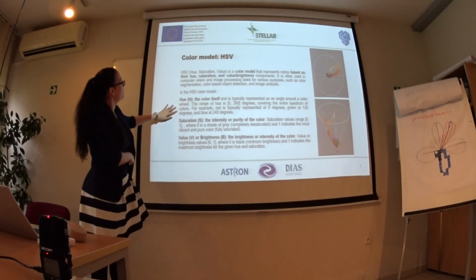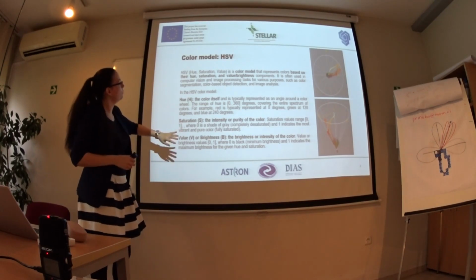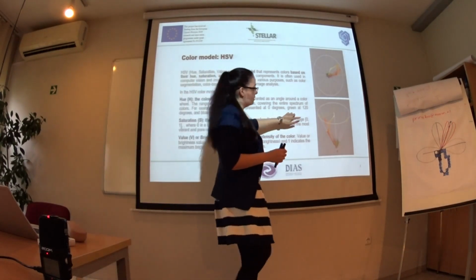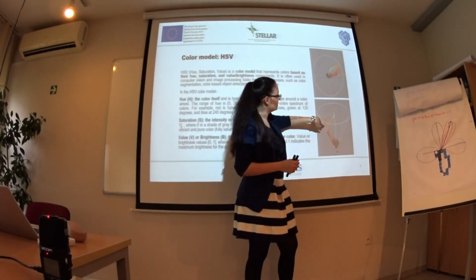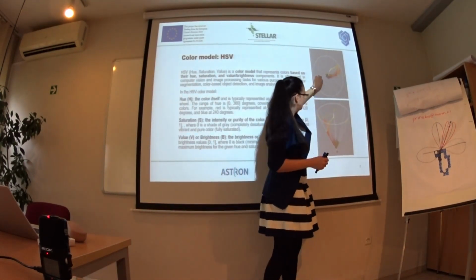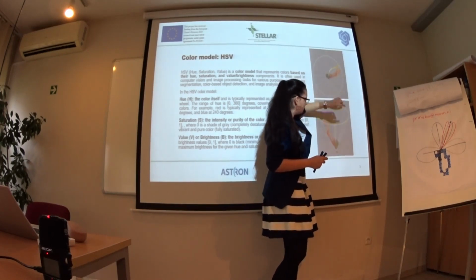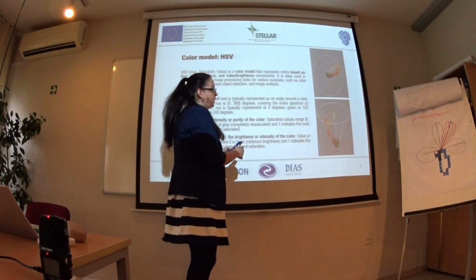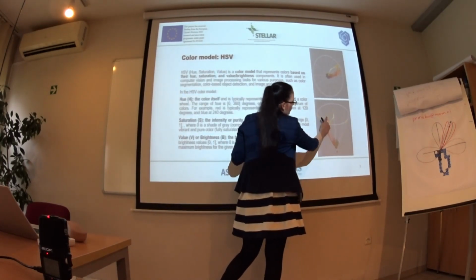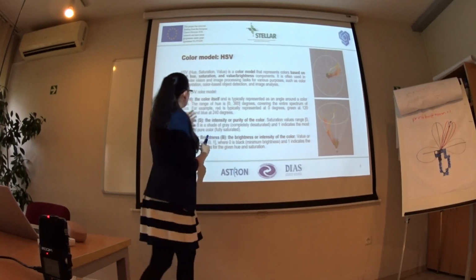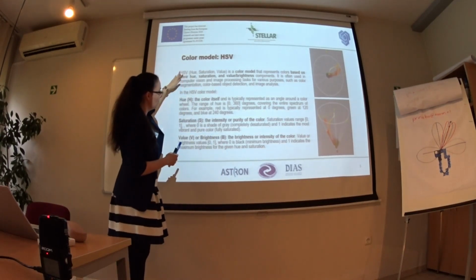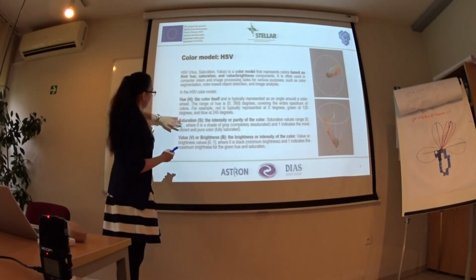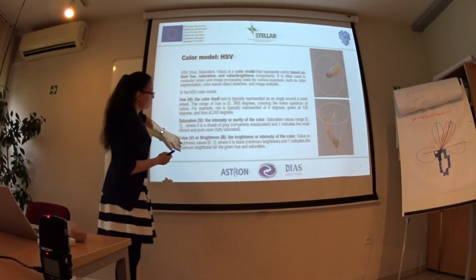So now we can have another color model, which is hue, saturation and value, and we can represent it as a circle, of course. Here is a circle at the beginning, and a cone, where we can add each of the colors that we have, represented as hue, the saturation and the value, the brightness.